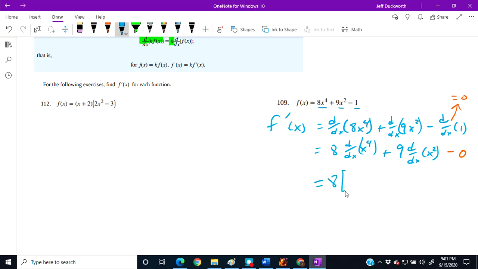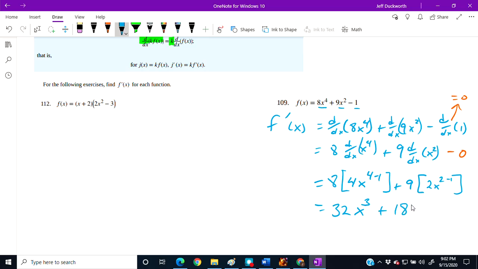So 8 times the derivative of x to the fourth, the 4 comes down, x to the 4 minus 1. And then we take 9 and multiply 2, x squared gives us 2x to the 2 minus 1, which we can now multiply 8 times 4, so we have 32. 4 minus 1 is 3, so x cubed.